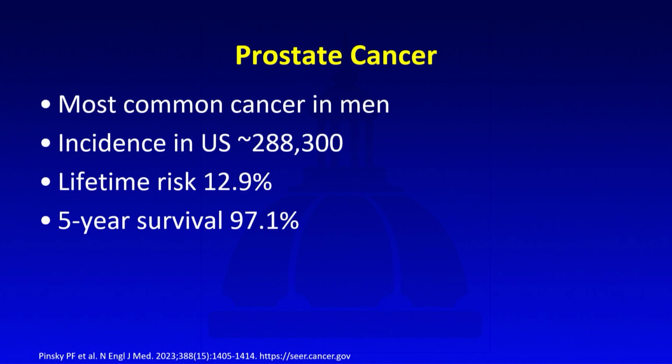Prostate cancer is the most common cancer in men, with incidence of 288,000 in the US. The lifetime risk of prostate cancer in men is as high as 13%. But luckily, the 5-year survival is excellent, with 97% survival. Therefore, most men who are diagnosed with prostate cancer are dying with the prostate cancer rather than the prostate cancer actually killing them.